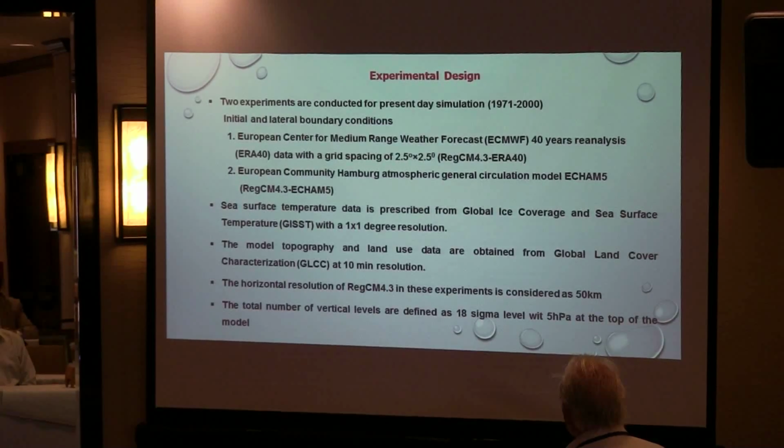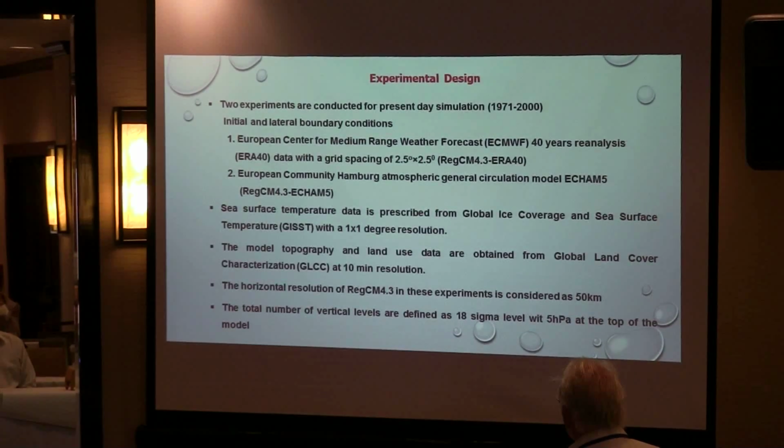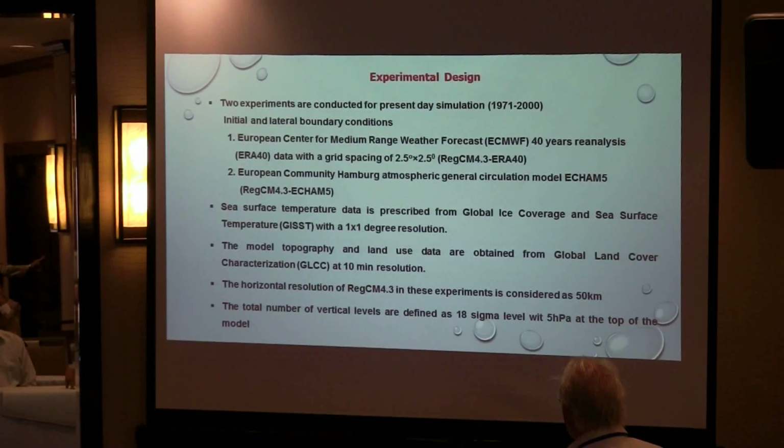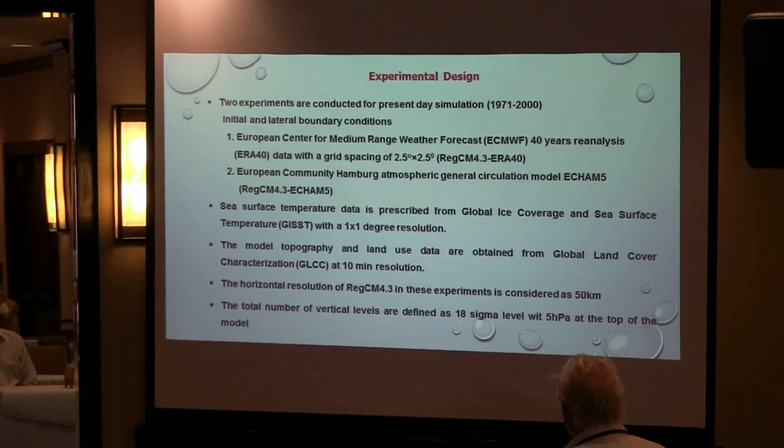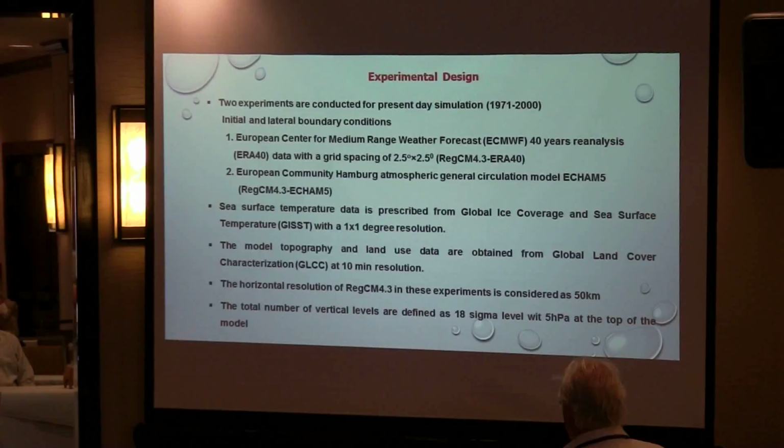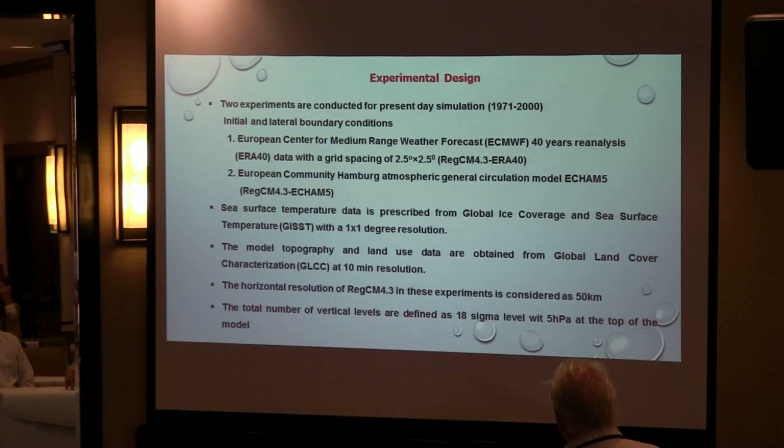In the experimental design, we conducted two experiments. In the first experiment, we used the initial and lateral boundary conditions from the European Center for Medium Range Weather Forecast 40-year reanalysis data called ERA40, and the experiment we conducted is named ECHAM ERA40.